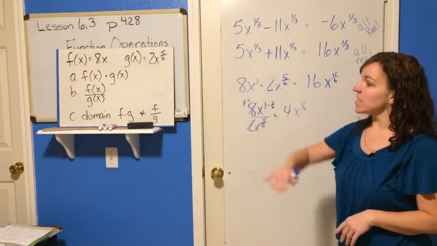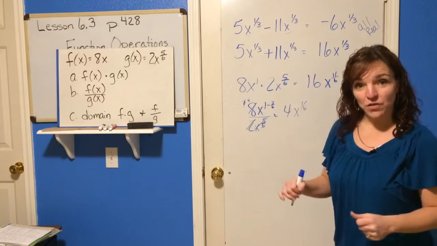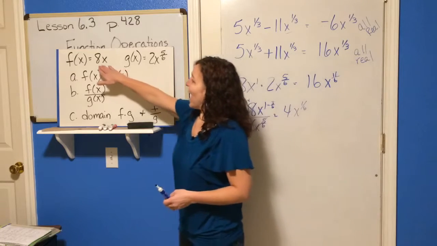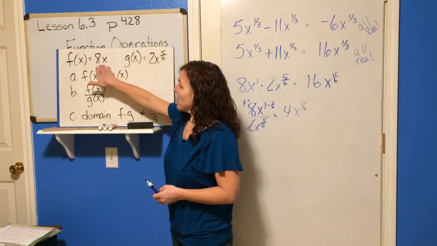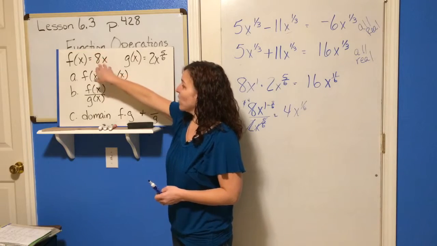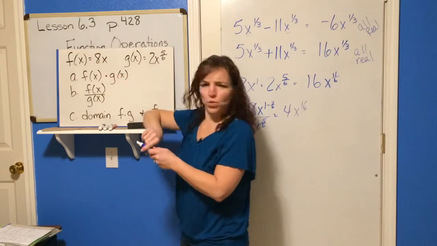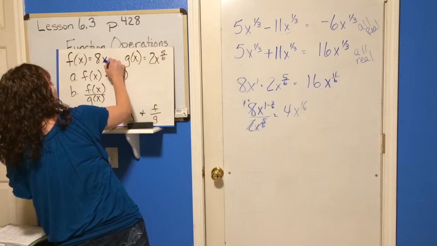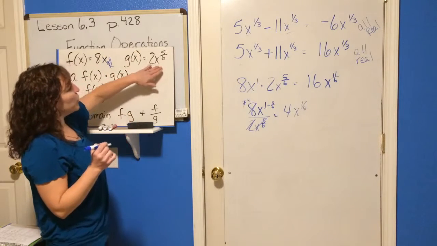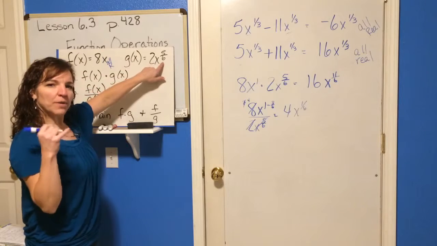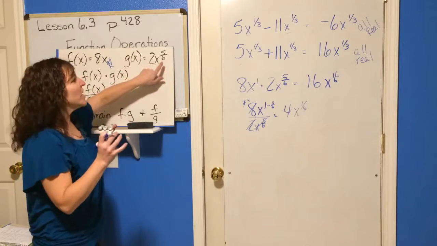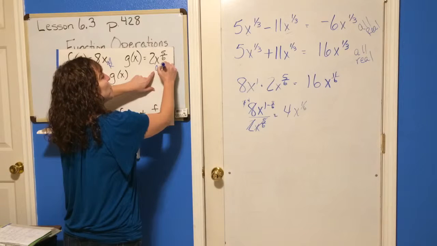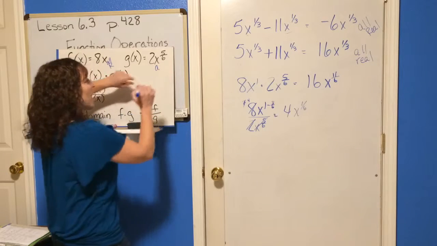So letter C says, okay, what are the domains of each of those? So you look separately at each one. 8x, the value of that, all reals will work for f. And remember, if you've got an even number in your denominator of your exponent, this needs to be, let's see, how do we say that?